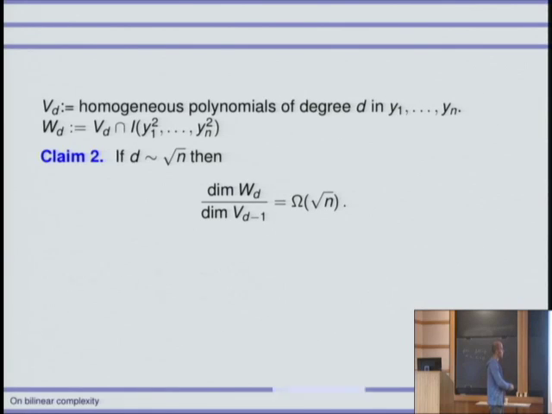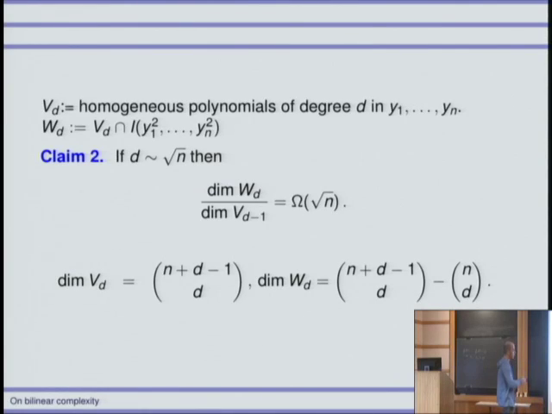This is a simple computation, but let's just note that Vd consists just of homogeneous polynomials of degree d in n variables. So the bases are simply all monomials of degree d, and the dimension is this number. The dimension of Wd is, again, the bases are all homogeneous monomials of degree d, but you are removing multilinear monomials because you want every monomial to contain a square.